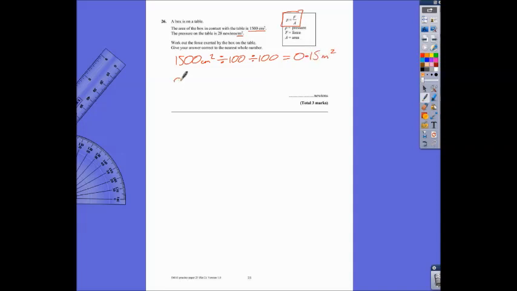Now, the pressure exerted is 28 newtons per metre squared, and that's equal to the force divided by the area. So that's the numbers put into the formula we've got up here. Then to rearrange that to work out the force, we multiply both sides by 0.15. So we end up with 28 multiplied by 0.15, which gives you 4.2 newtons.